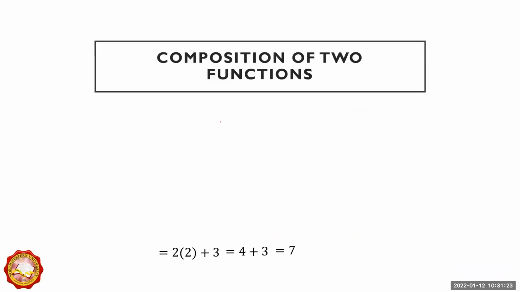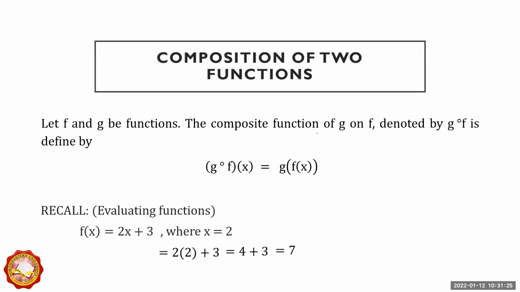So going on with composition of functions. Pag sinabi natin composition of functions, this is just a similar way of evaluating functions. Pero ang ine-evaluate kasi natin dito is function. And then, ang ilalagay lang din naman natin is function.